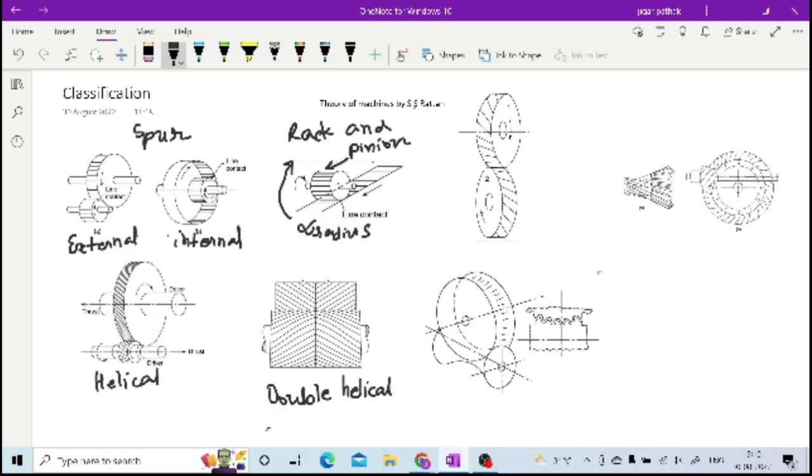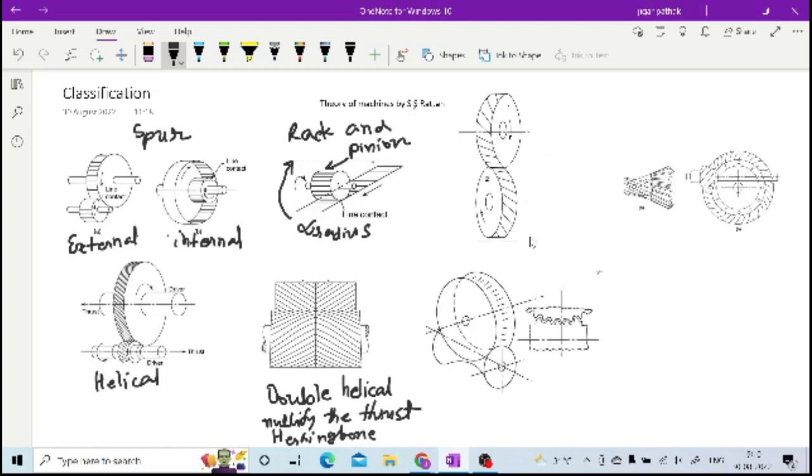In order to nullify the thrust generated in the helical gear. It is also called herringbone gears. This particular double helical gear is also called herringbone gears.